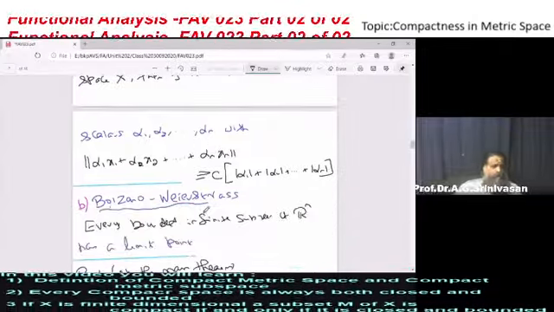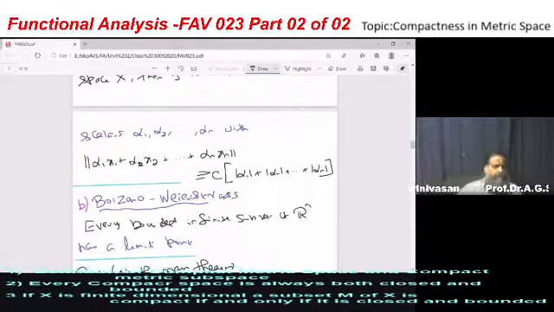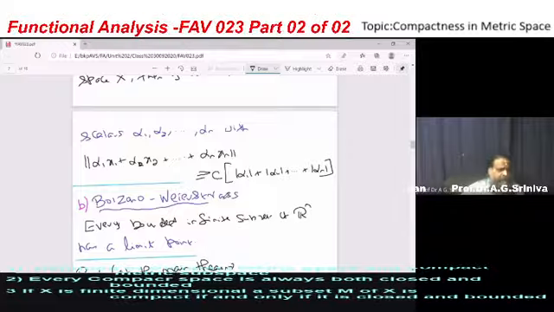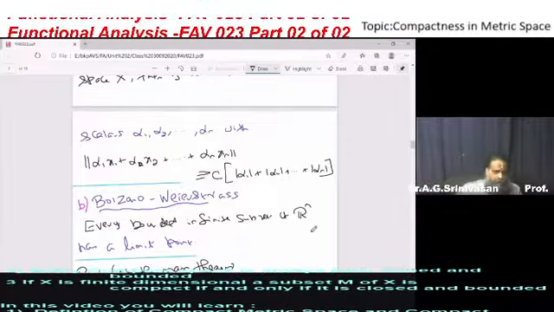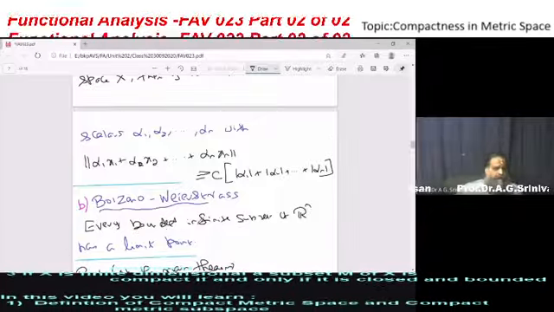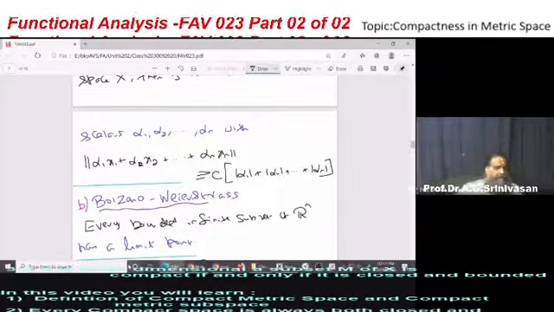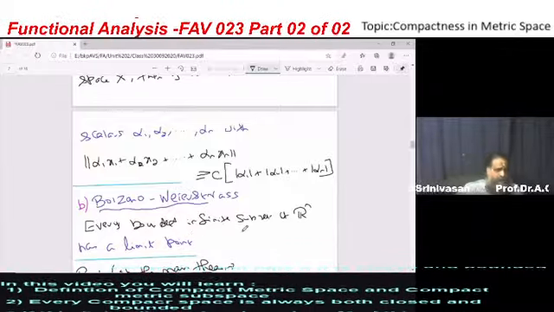Then we talked about the Bolzano-Weierstrass theorem, which you are supposed to know from your analysis class. Don't worry, it says every bounded infinite subset of Rn has a limit point. So every bounded set is convergent, in some sense.